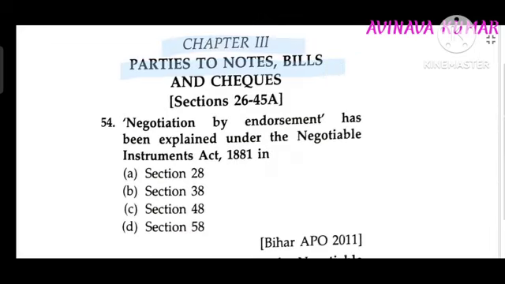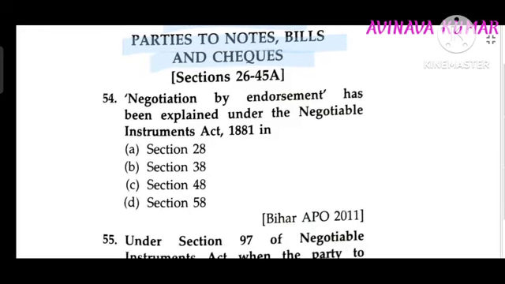Chapter 3: Parties to notes, bills and cheques, Sections 26 to 45A. Negotiation by endorsement has been explained under the NI Act in which section? Section 48.